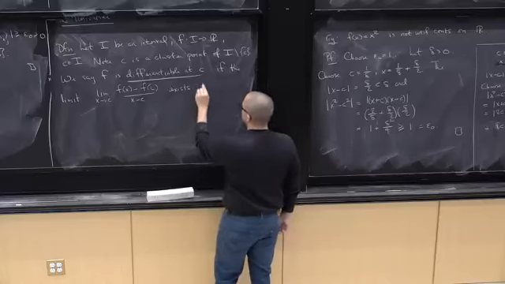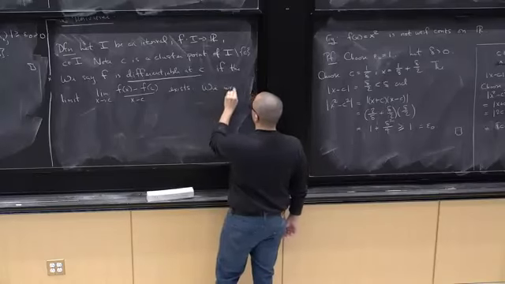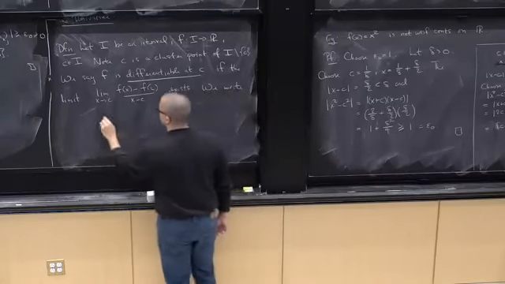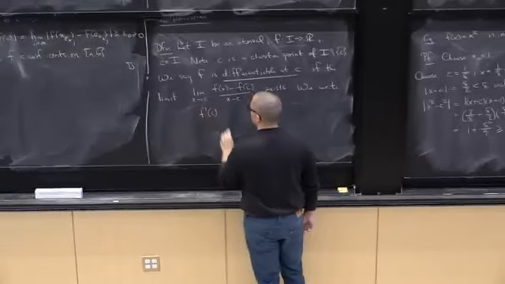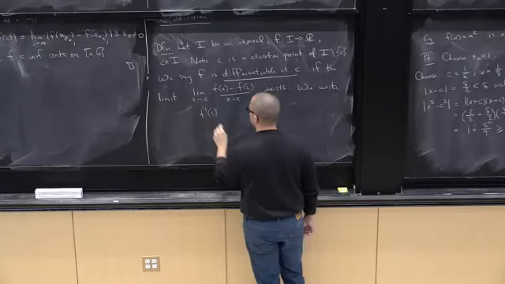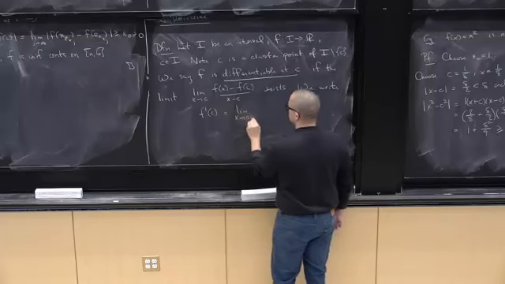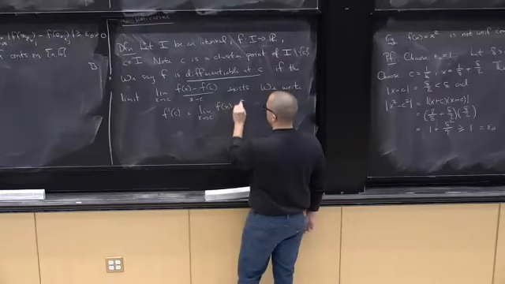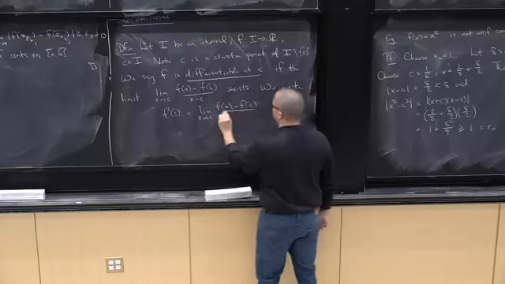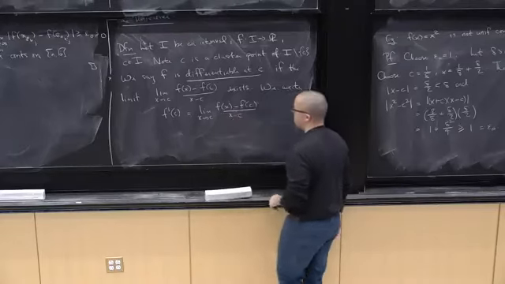And we use the notation f prime, f apostrophe of c, for this limit.